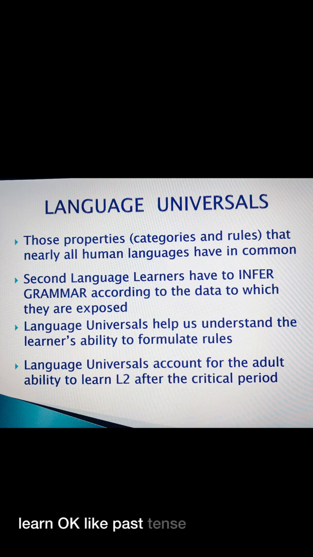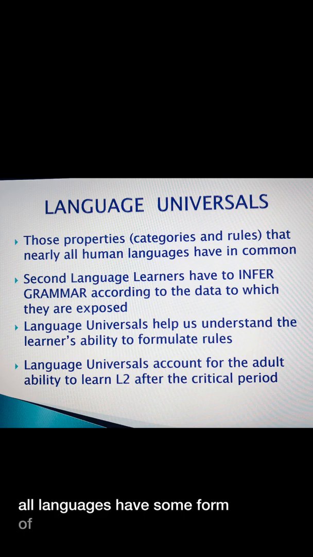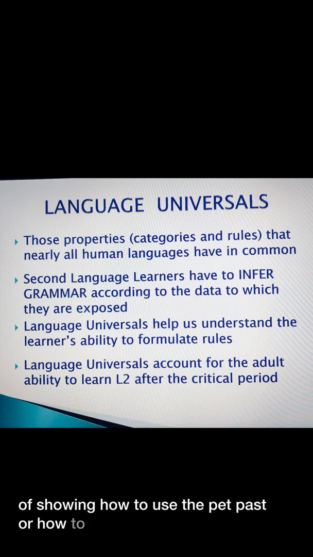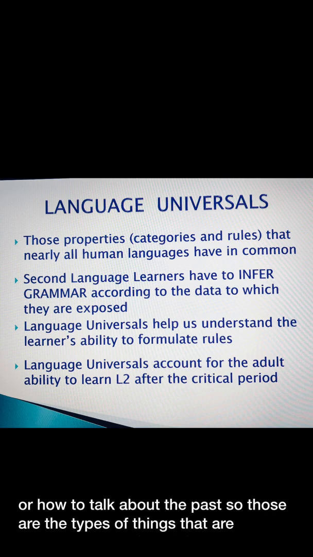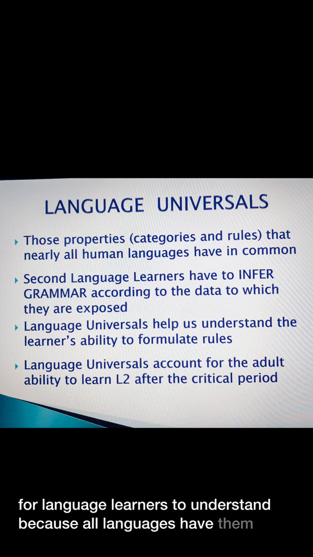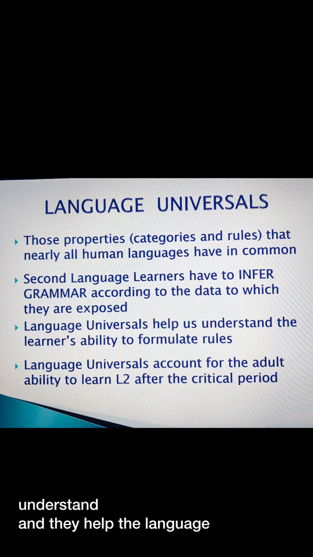Like past tense. All languages have some form of showing how to talk about the past. Those are the types of things that are easy for language learners to understand because all languages have them. So language universals help us understand, and they help the learners to internalize those rules.